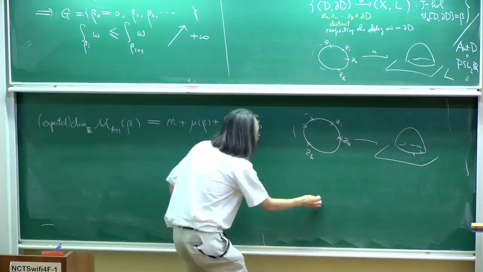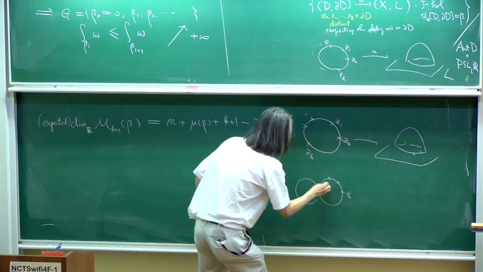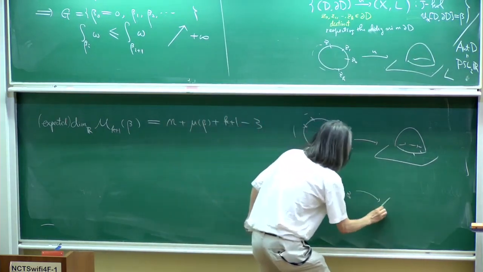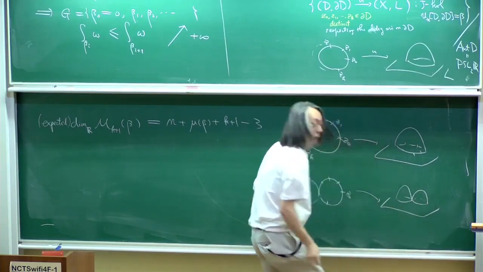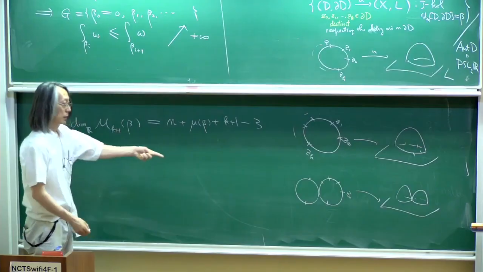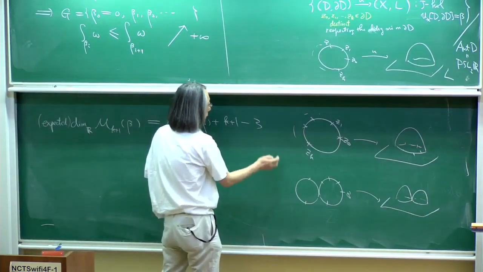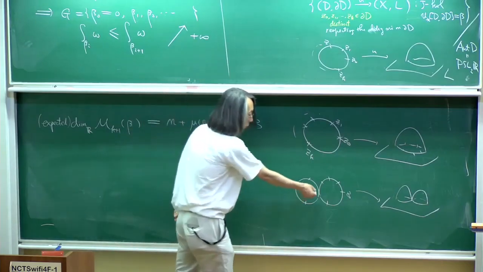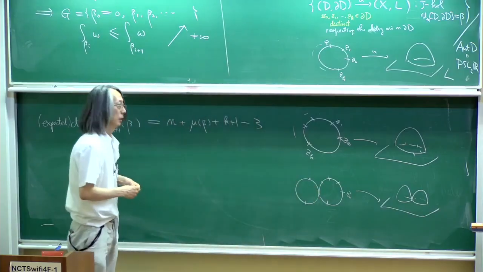And if you have a node like this, then the dimension of this guy is less than this by 1.